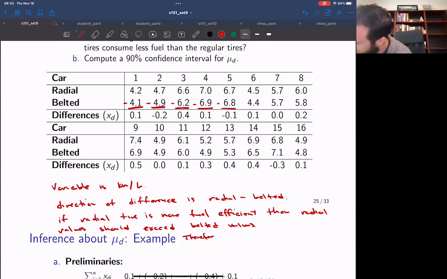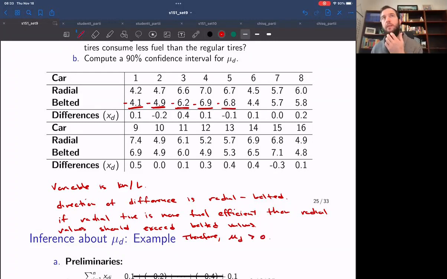Therefore, x D bar, or mu D, should be greater than 0.